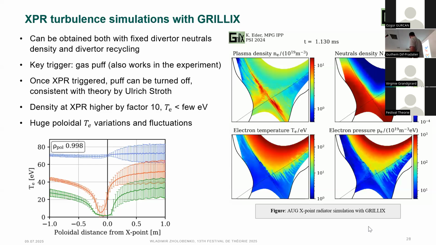At the outboard midplane, the electron temperature is still between 30 and 50 electron volts, but then it drops to between 0 and 10, depending on the radiator height at the X-point. And I hope you see it. The error bars indicate fluctuation amplitudes. You see very nicely in the low X-point radiator case, the center case here, that the error bars in the X-point region are of order 1. So the fluctuation amplitudes are around 100%.